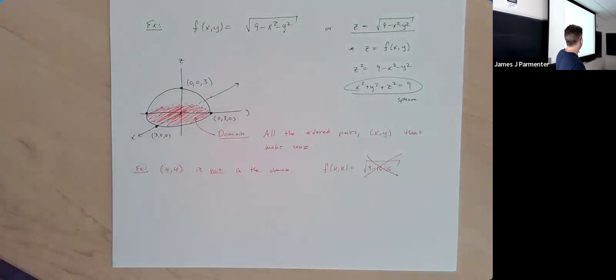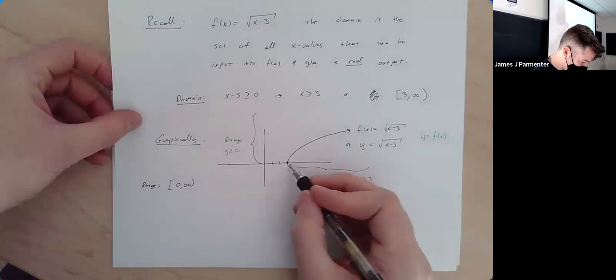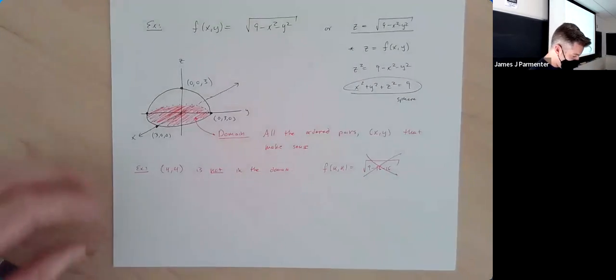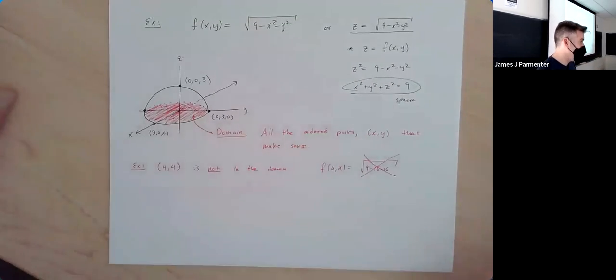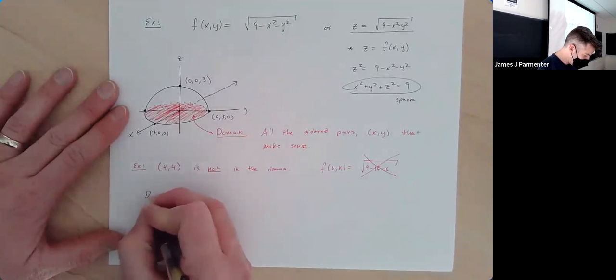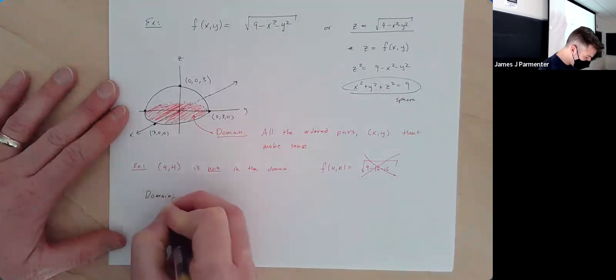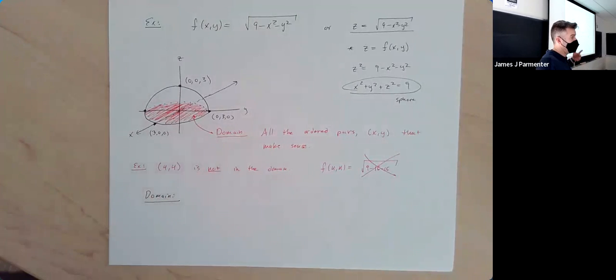The domain here, however, we have to describe not as just some interval, because it's not some length on the x-axis, it's some area in the xy plane. We're still going to use the same rules for domain that we would have previously for functions of one variable.